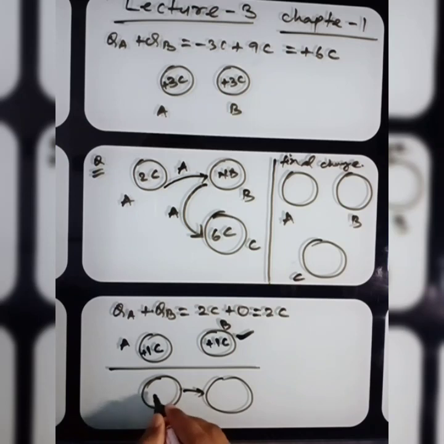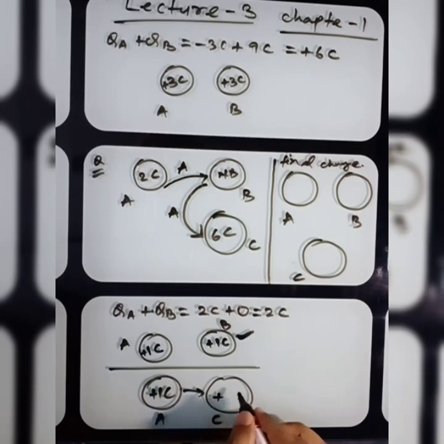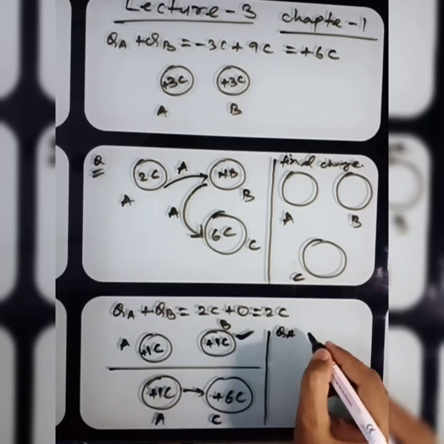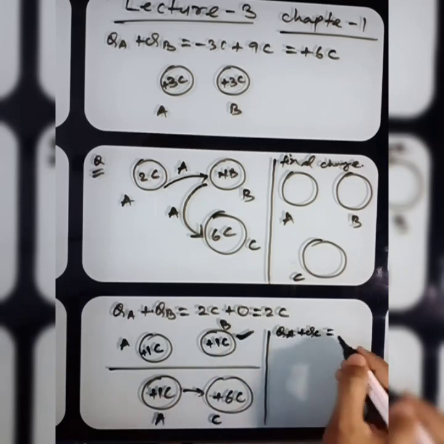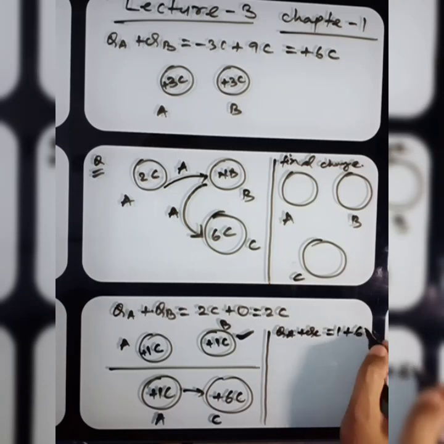Initially when A is brought to make contact with C, it has 1 Coulomb and this body C has 6 Coulomb. So the total charge QA plus QC is 1 plus 6 Coulomb.